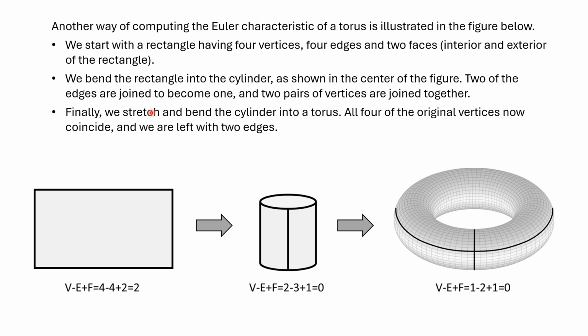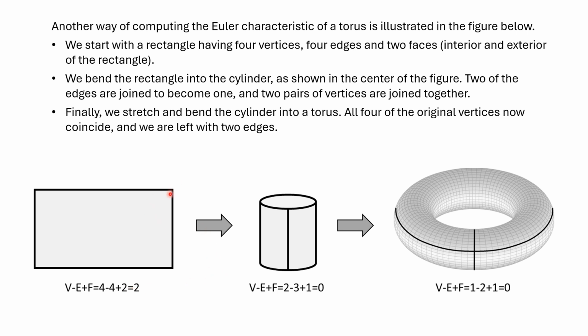On the previous slide, we had a complex argument where we claimed that the limit of making more and more segments would eventually come to be a torus, and each one of those approximations had an Euler characteristic of 0. In this approach, we start with a rectangle, and we know from our previous theorem about connected planar graphs that it has an Euler characteristic of 2.